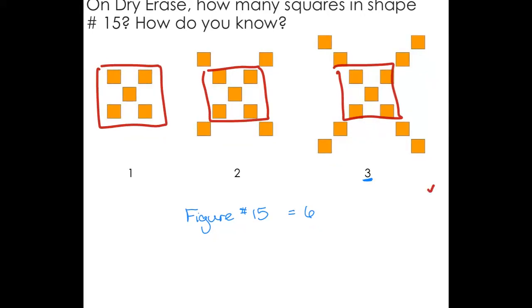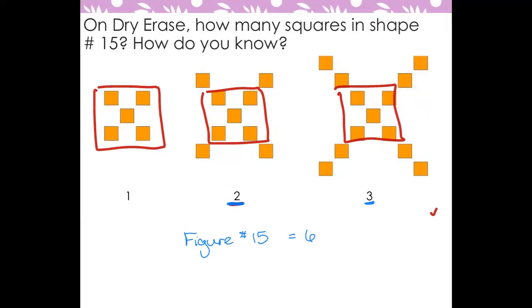So then when we go to figure number 2, what is happening? What's going on with that 5? What's going on?